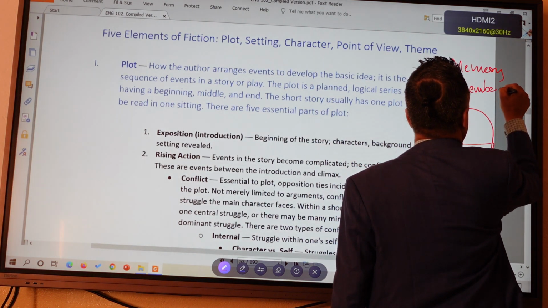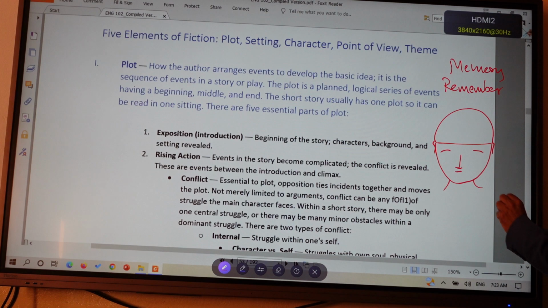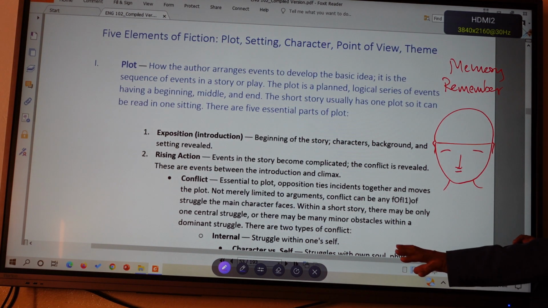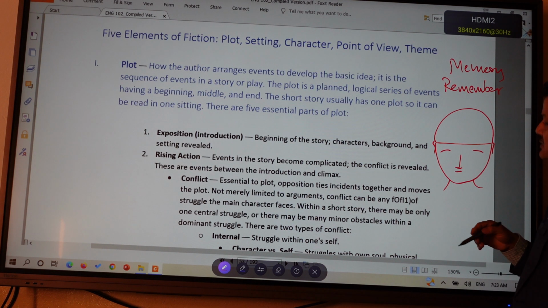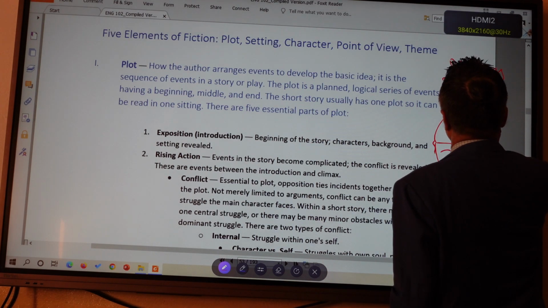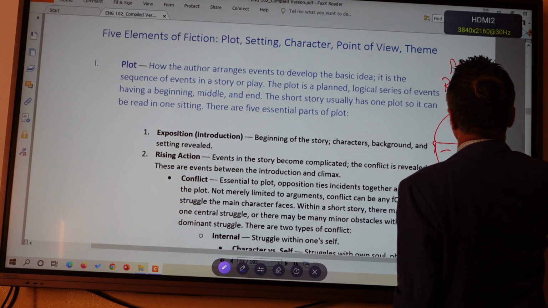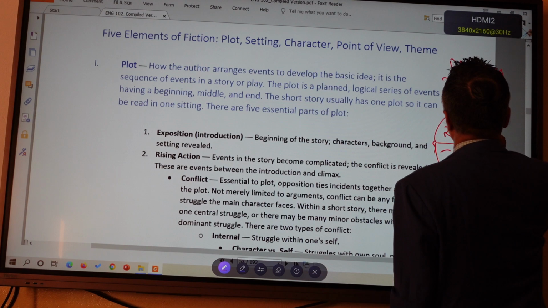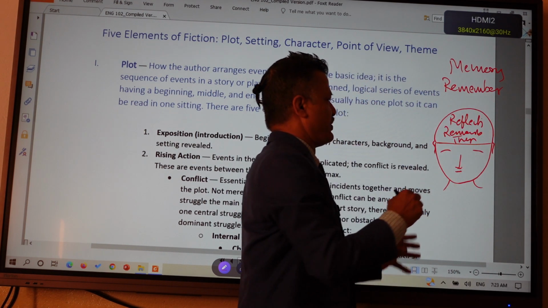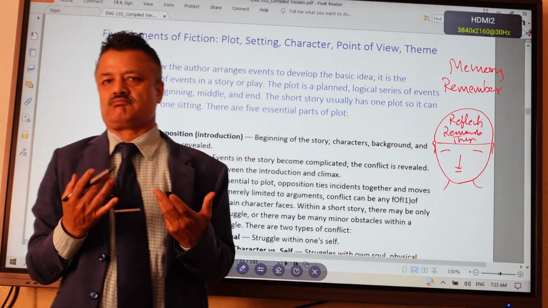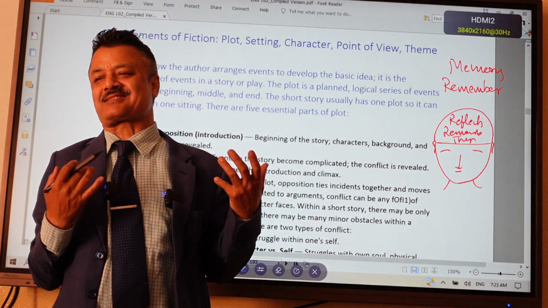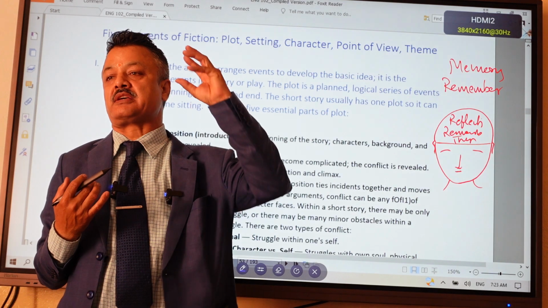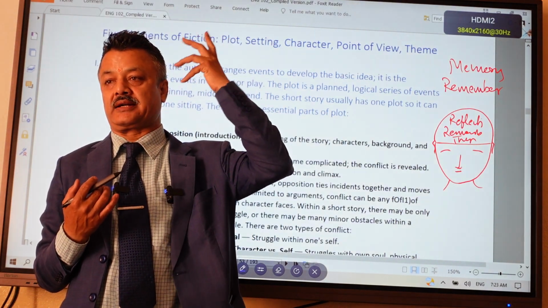Characters remember. So you will see that he is actually running early morning, and while running he reflects, he remembers, he thinks. So all this happens in the mind.